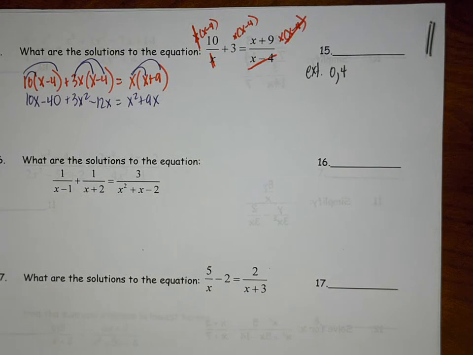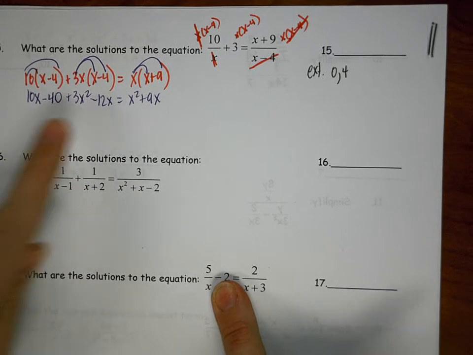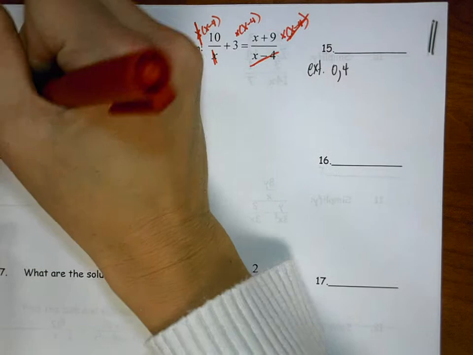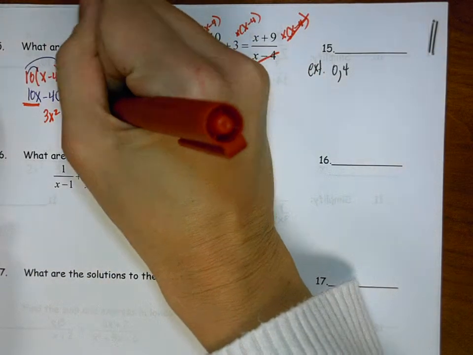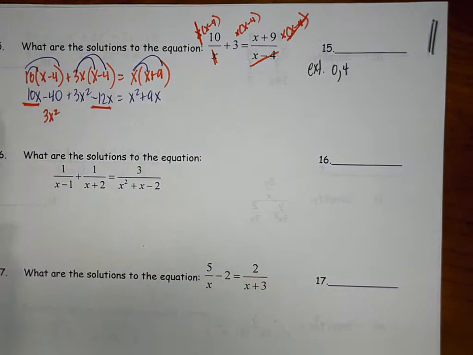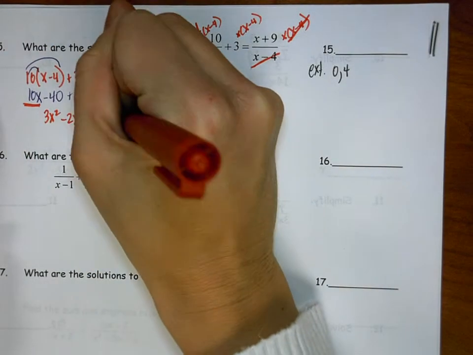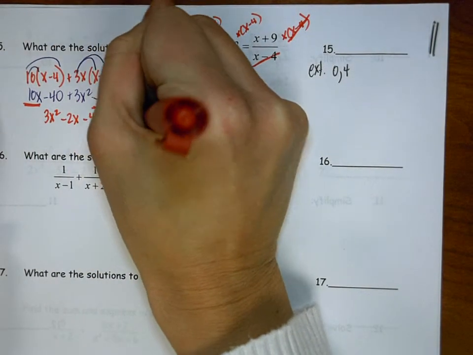Next, combine your like terms on each side if you have like terms. And I'd also write it in descending order. So I'm going to write this side as 3x squared, and then I have a 10x and a negative 12x, which makes negative 2x, and then I have minus 40, equals x squared plus 9x.